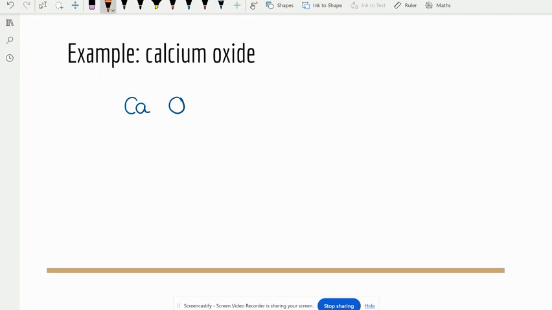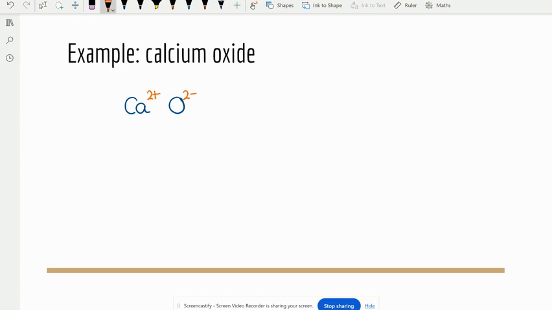Calcium has a charge of 2 plus on your periodic table. Oxygen has a charge of 2 minus. Again, these all come from your periodic table. So look back to your periodic tables.